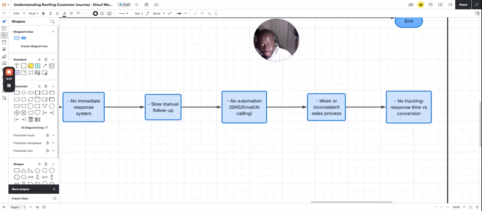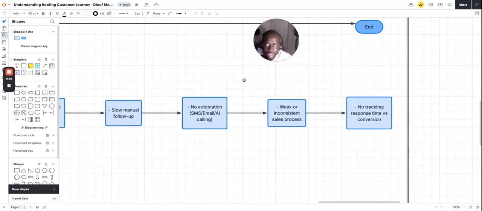Someone else never checks their email, so they don't see it, but they see your text immediately. And some people pick up the phone. They may not respond to SMS, but if you call them, they'll pick up. And then others, maybe homeowners in the younger generation, you call them, they're not picking up, but they're going to respond to text messages. So it just goes to show you need to be omnipresent in these different channels so that you maximize engagement.